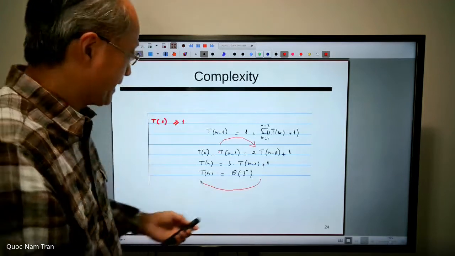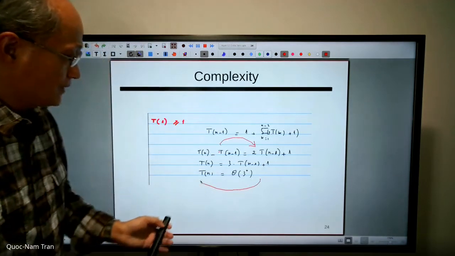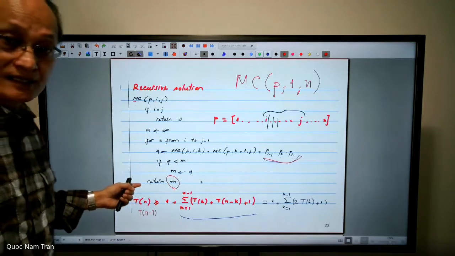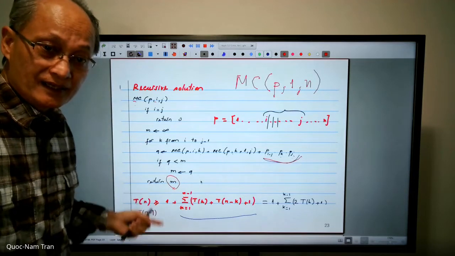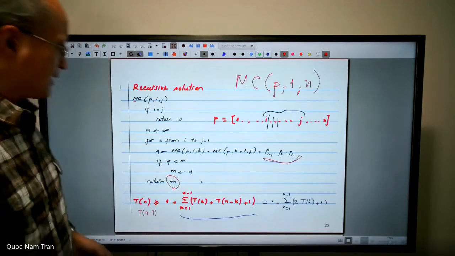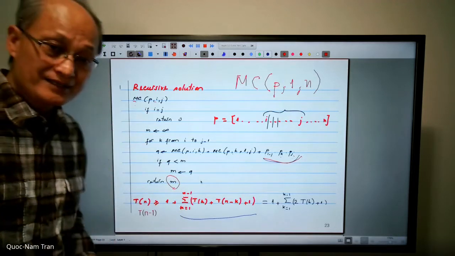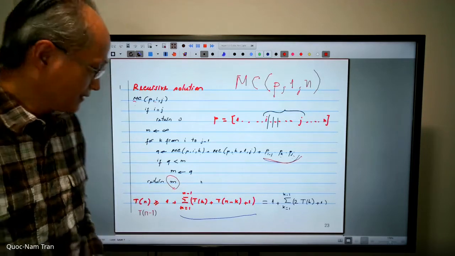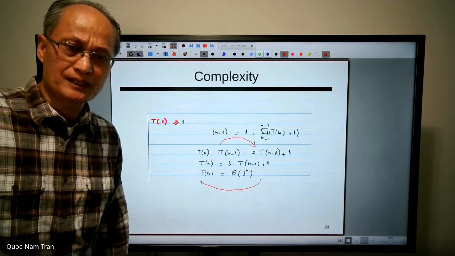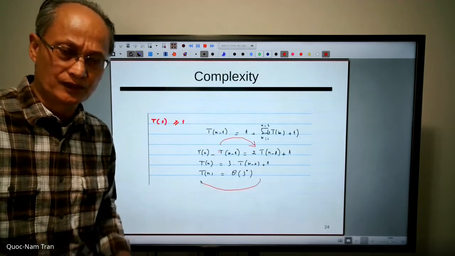So that's why the algorithm we have here is pretty simple, right? Use divide and conquer. But after we analyze the complexity, we found out that this algorithm takes 3 power to the n, which is exponential.